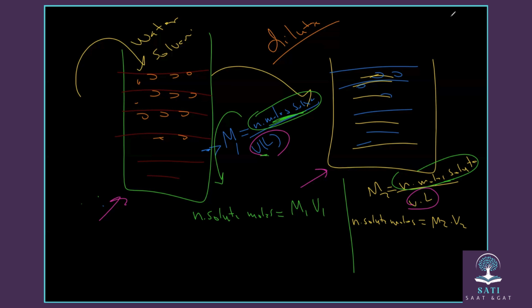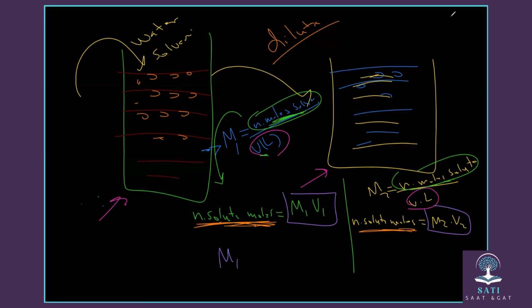In this case now we said, in dilution, the number of solute particles the first time and the second time will remain the same. So if this side equals this side, that means the right sides will be equal. What will we get now?